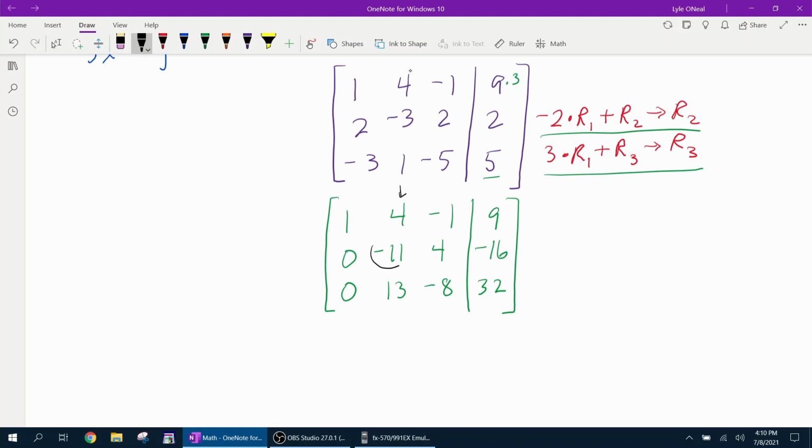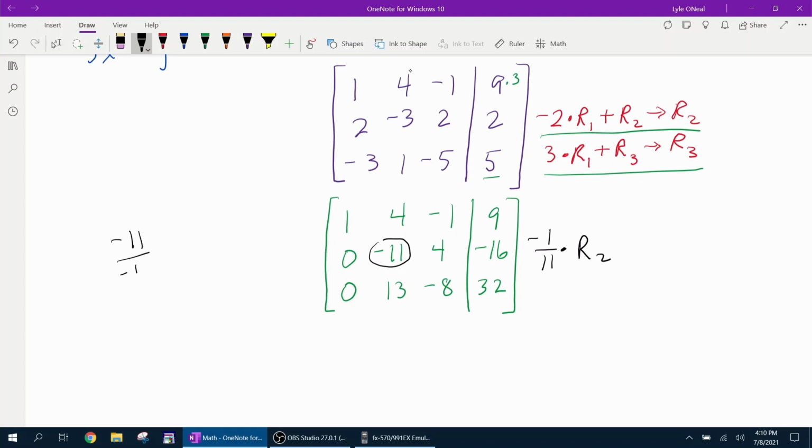I need to get this element to become 1 and then this element to become 0. Those are our next 2 objectives, starting with -11 becoming 1. I'm going to do that through row multiplication, multiplying row 2 by -1/11. Okay, now think about that.